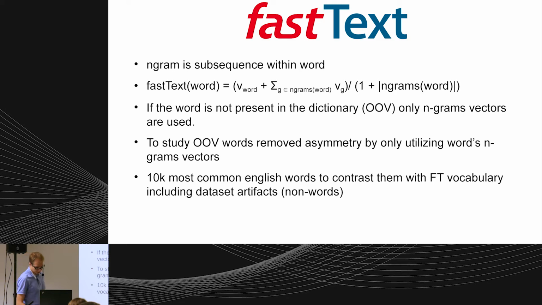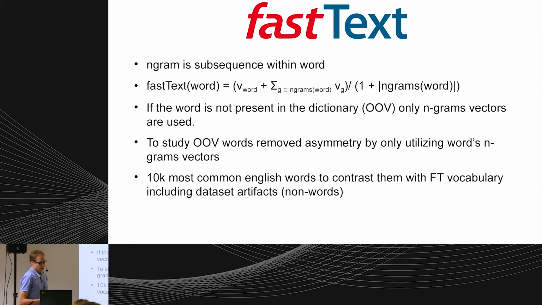So how does FastText work? FastText is another word representation model. What they do in contrast to word2vec is that they don't embed just the words themselves, but they also look at the subsequences within the words and create representations for them as well.